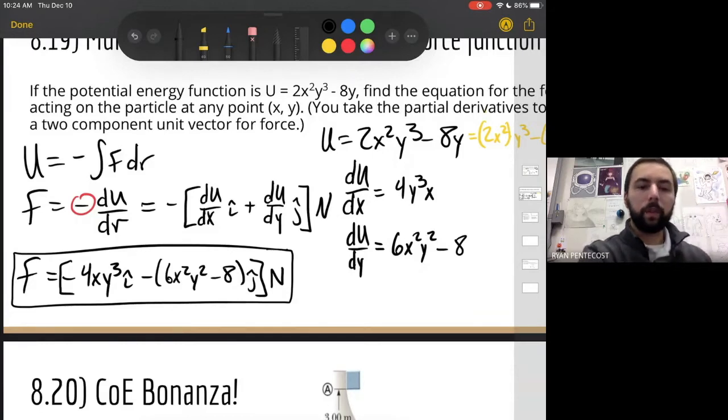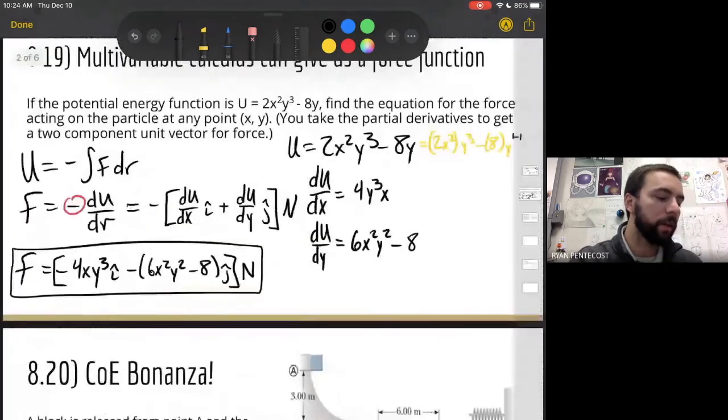So you just take the derivative separately: you take the derivative with respect to one variable, and then you take the derivative with respect to another variable, and then you plug that into a vector with respect to i and j. And now remember, x corresponds to i, y corresponds to j. That's why those are lining up like that. That's why they correspond.